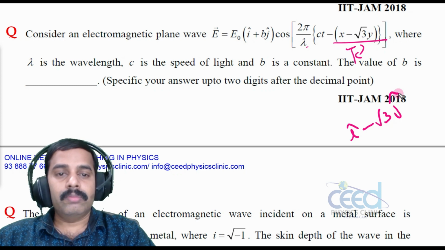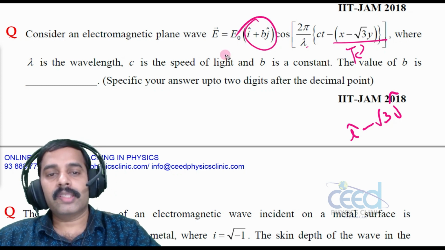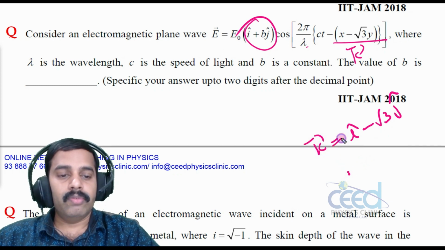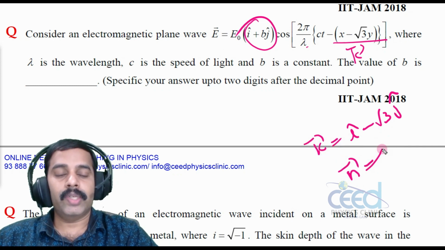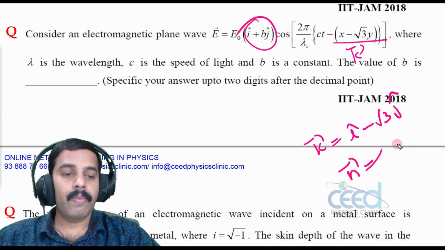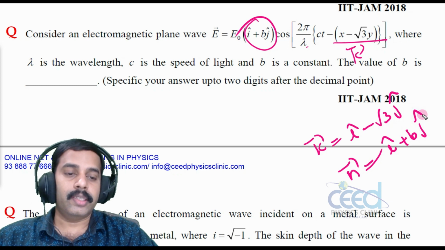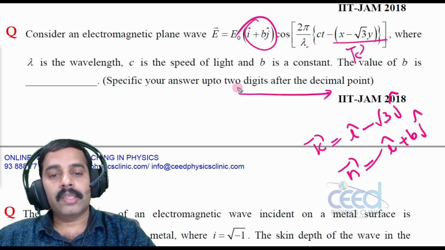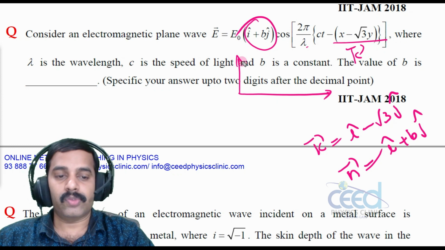And what is this polarization direction? N cap, so n vector. So k vector we already know, n vector also we can write. Polarization vector, that is i cap plus b j cap, right? So the wave is propagating along this direction, and the polarization direction is perpendicular to it, right? That is the nature of the transverse wave.